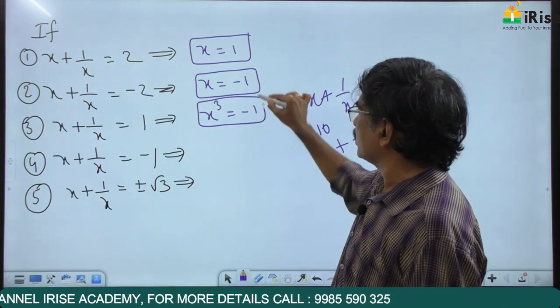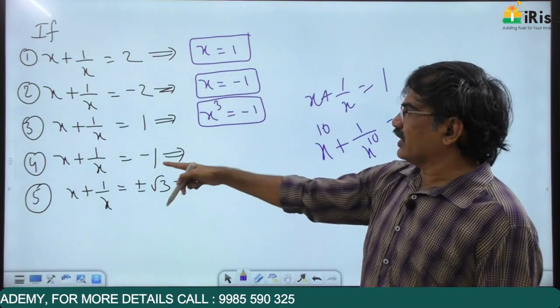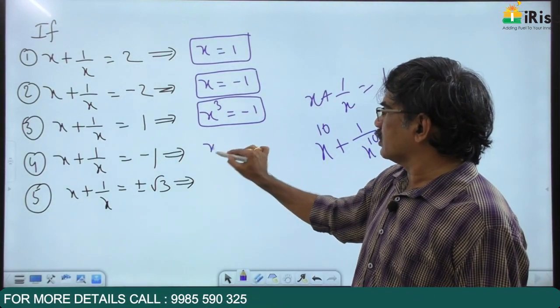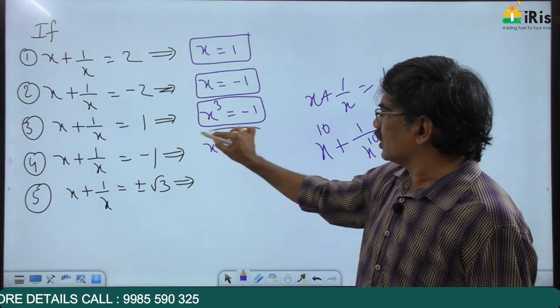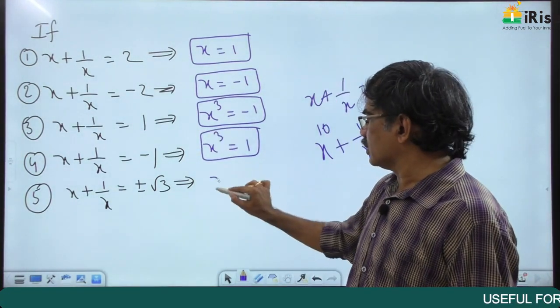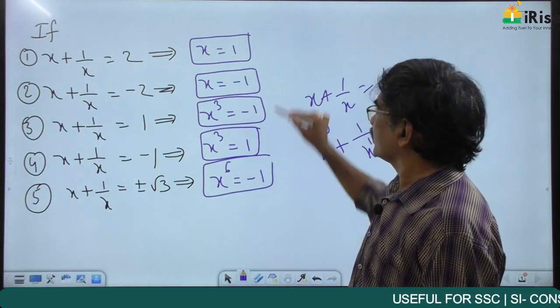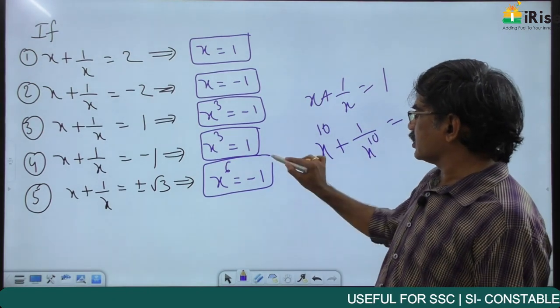Actually, x is imaginary, but x cube is negative. And if x plus 1 by x is minus 1, then x cube is equal to 1. If x plus 1 by x is plus or minus root 3, then x power 6 is equal to minus 1. These are very important concepts.